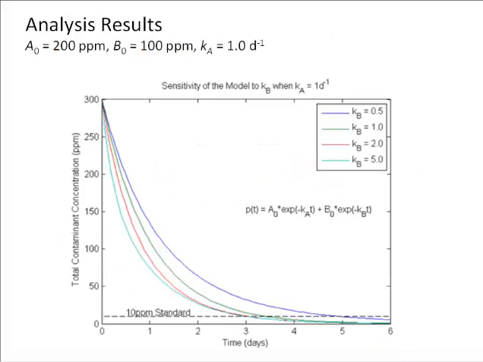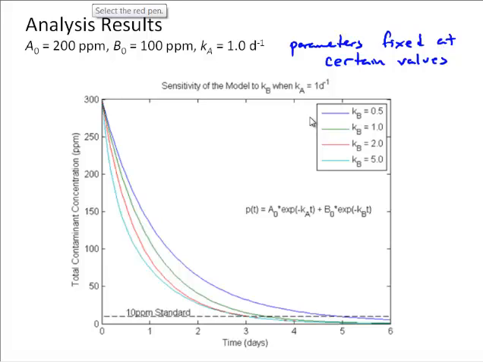We'll generate a graph where we have values of Ka and our other parameters that we fixed at certain values. Usually this would be based off real life. And then we're going to vary that fourth parameter, Kb, and in this case we are varying that for 4 cases. And for each of those cases, generating a graph of the contaminant concentration as a function of time.